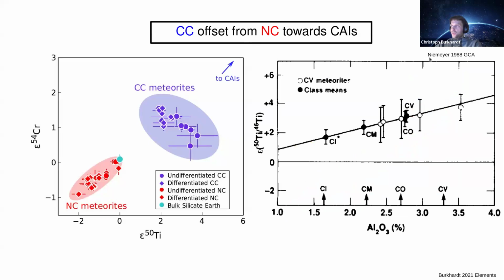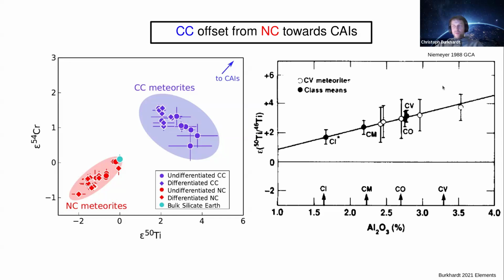That was actually found by Niemeyer in 1988. He measured titanium anomalies in different types of carbonaceous chondrites, and he realized that there's a correlation with the aluminium content. And this trend is going, oh, this is me, passing through the CI value.